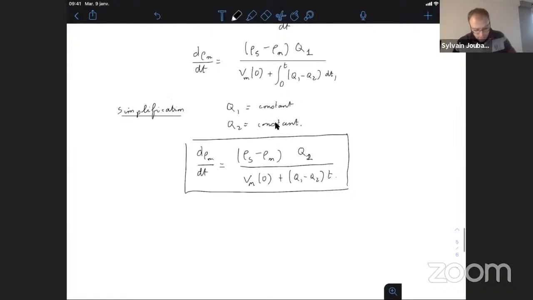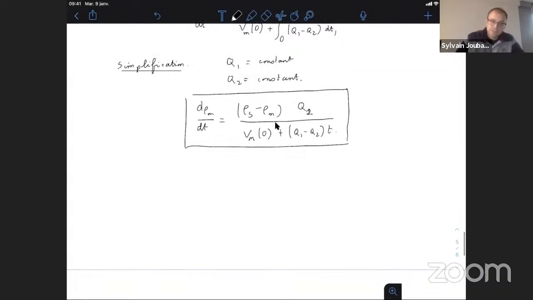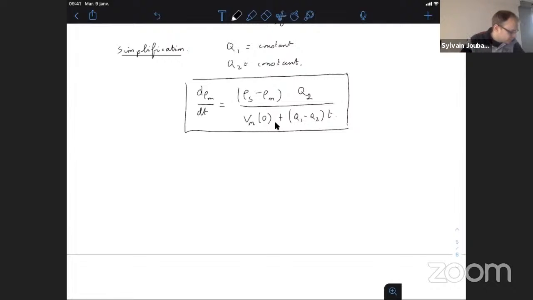So with this equation, it's an equation that you can integrate. That's why I have this simplification of the constant for Q1, Q2, and that the area A is constant. Integrate the equation between 0 and t.